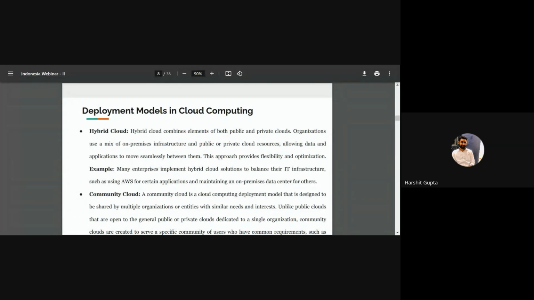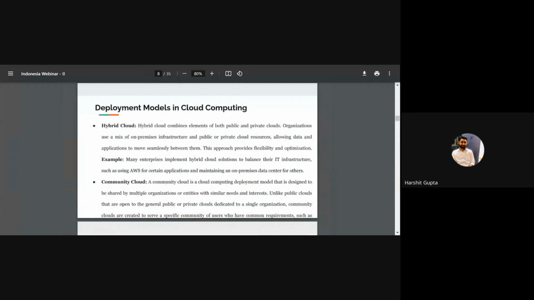So next is the hybrid cloud. Hybrid cloud combines both public cloud and private cloud. In this, both public and private clouds are used, where the services which are to be accessible by anybody or any user are provided on the public cloud.